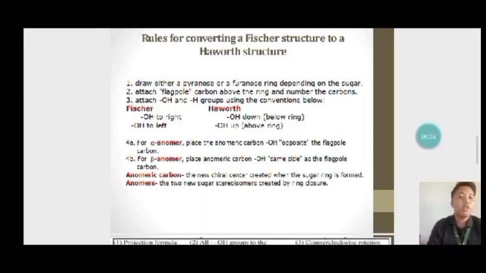So, anomers, the two new sugar stereoisomers created by ring closure. So, that's all, and the next reporter is Rosjeline Acebes.